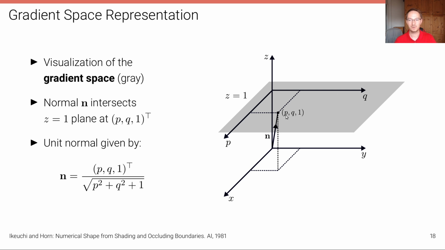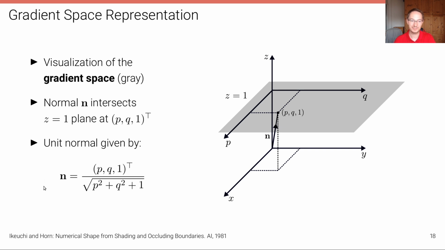And if we now take a 3D point P, Q, and 1, which is the intersection of the extension of the normal with that plane, so we extend this normal until it intersects that plane at c equal 1, that's the point that we call PQ1, where P and Q is the gradient space representation.